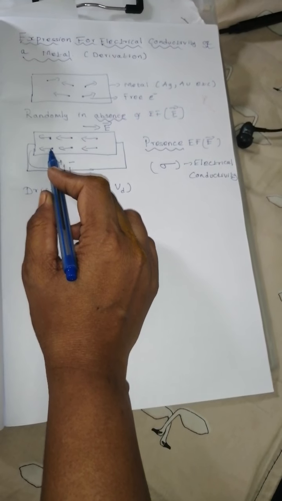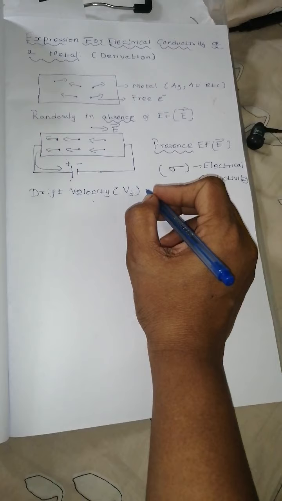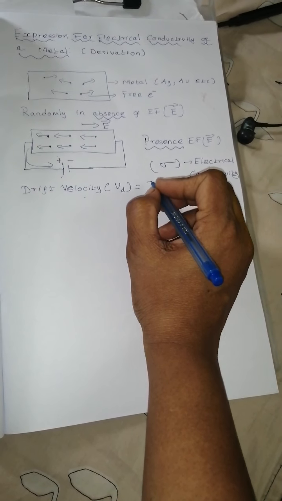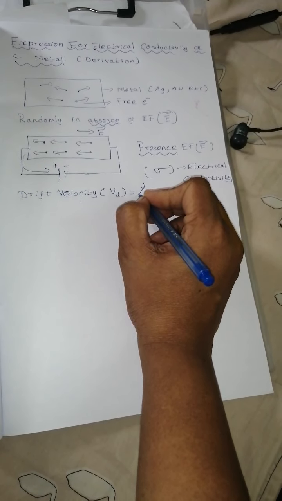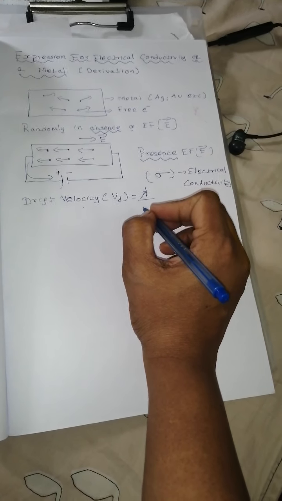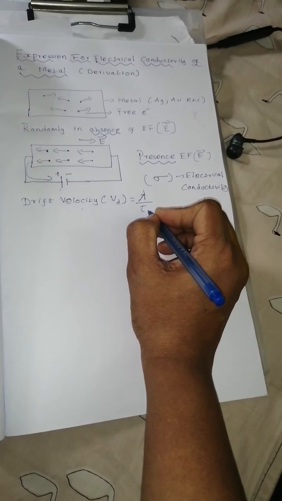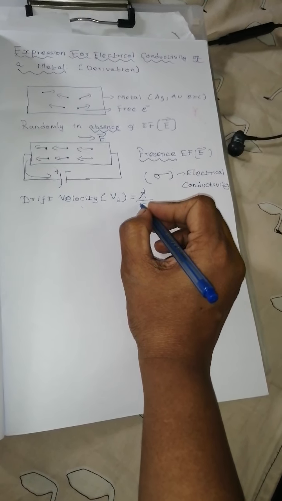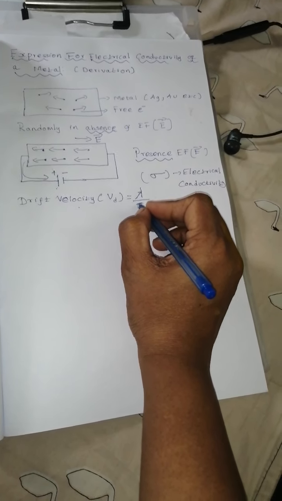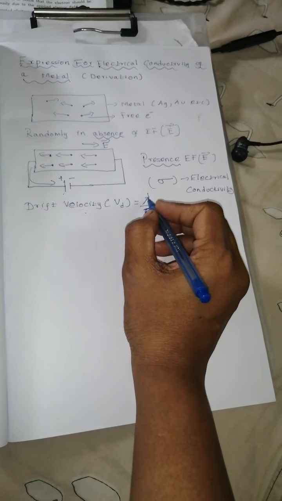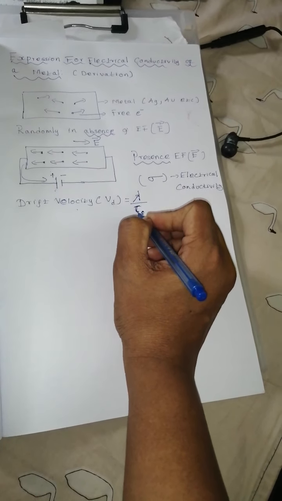The velocity acquired by the electrons is known as drift velocity, and velocity is equal to distance by time. The distance is lambda, that is the mean free path, divided by time. In classical mechanics, the time is given by tau c, known as the collision time. So drift velocity is given by lambda divided by tau c. Lambda is distance, tau is time.